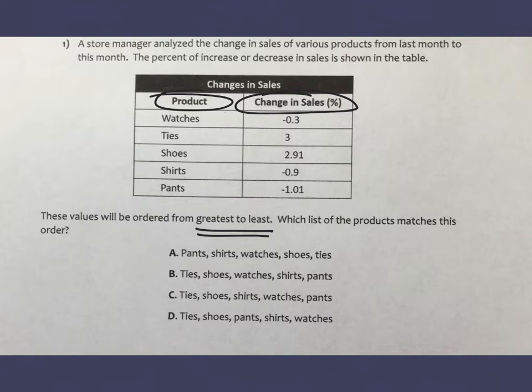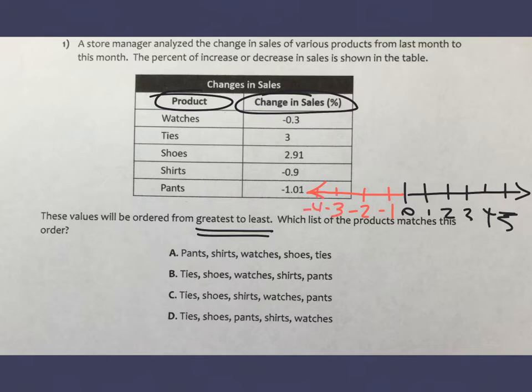All right, so we need to take all of these values and put them, I would say, on a number line. If I draw a number line, say 0 is here, 1, 2, 3, 4, 5, right? And then I do left of 0, -1, -2, -3, -4. We'll stop there for now.